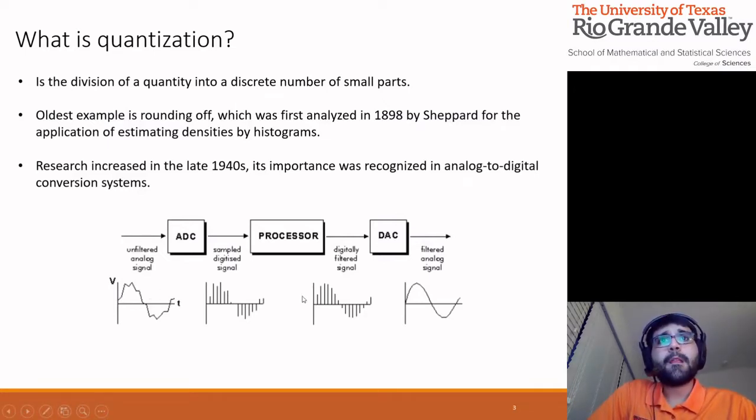So in quantization, what we want is to preserve as much information as possible from the original analog signal, and with the least amount of bits, we want to recreate that signal. So we want to preserve as much information without losing important pieces, right?